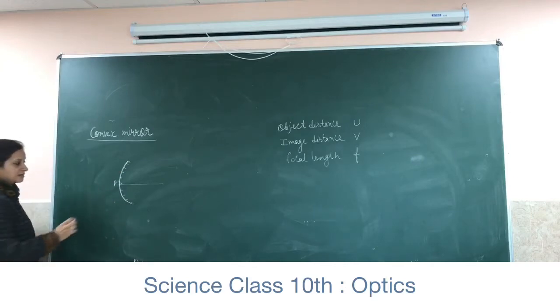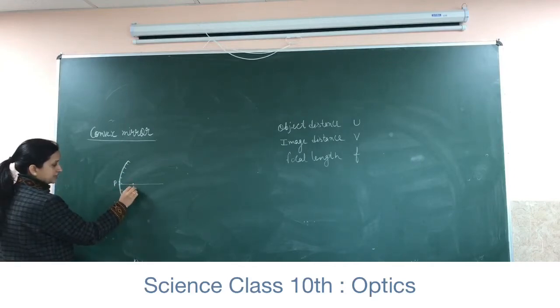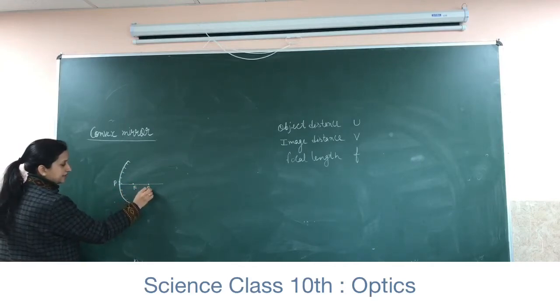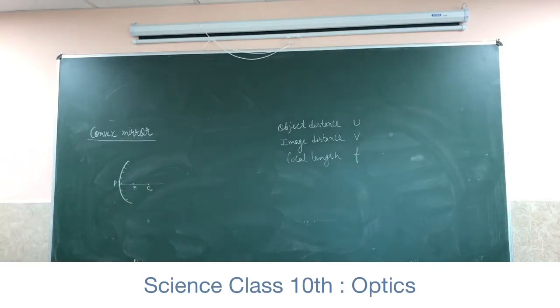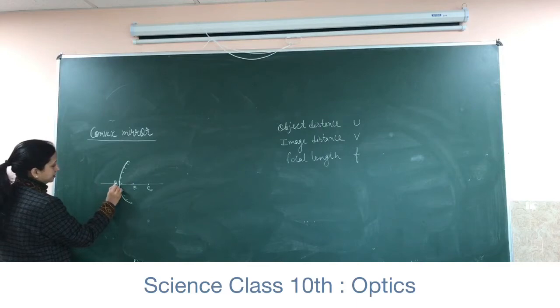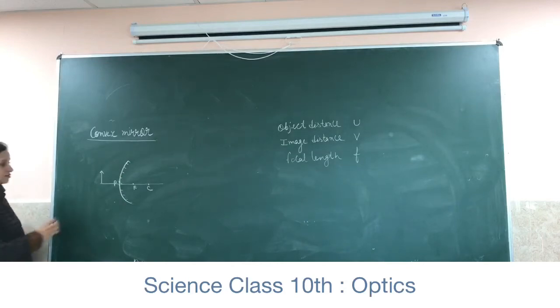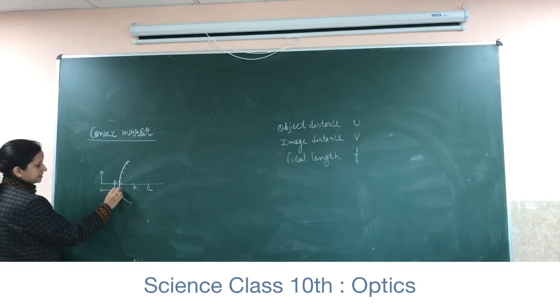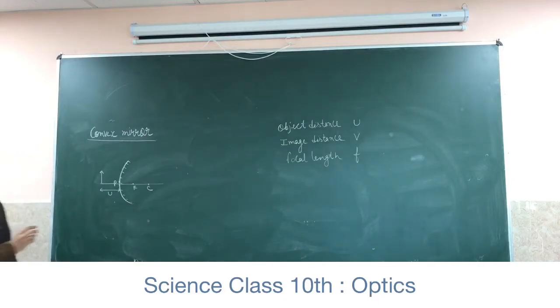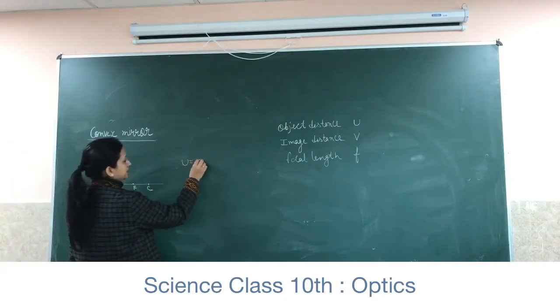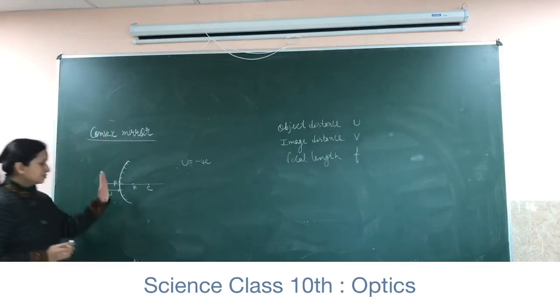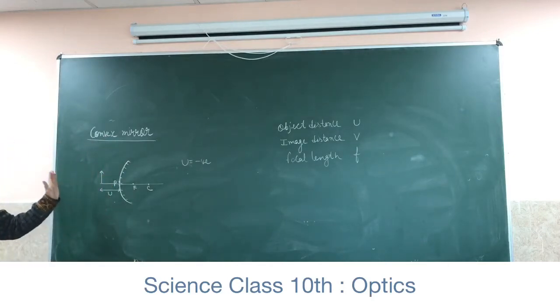Now in this case, focus is behind the mirror, center of curvature is also behind the mirror. Now we place an object in front of the mirror. So the object distance is represented by u, so u will be negative because it is to the left of the pole.